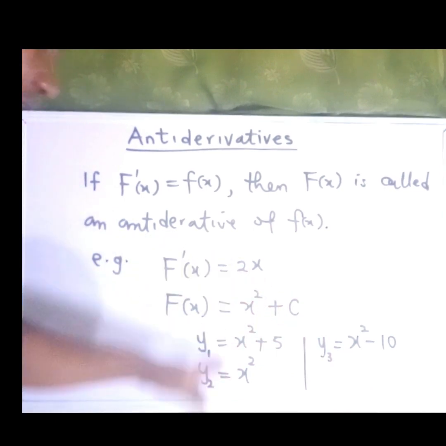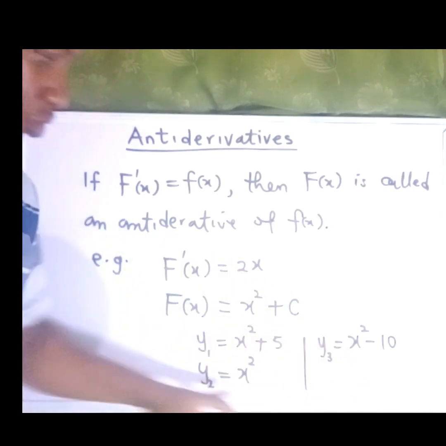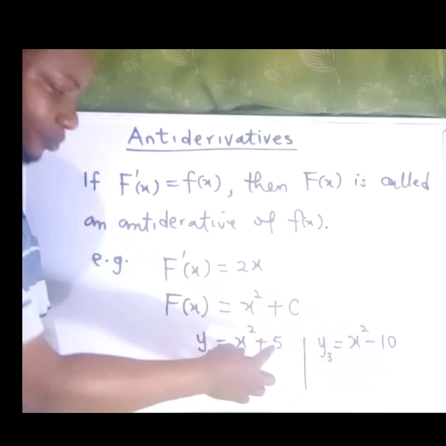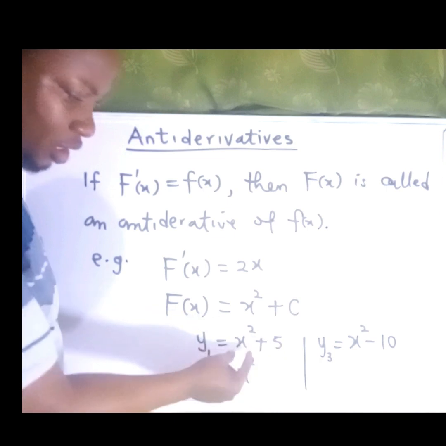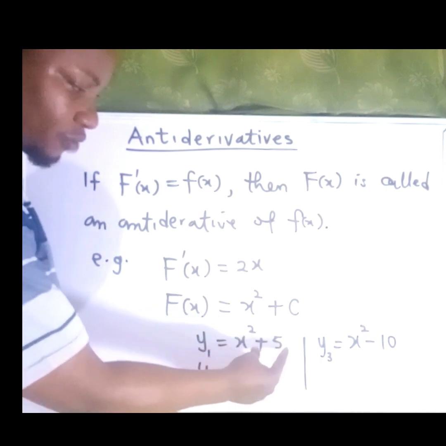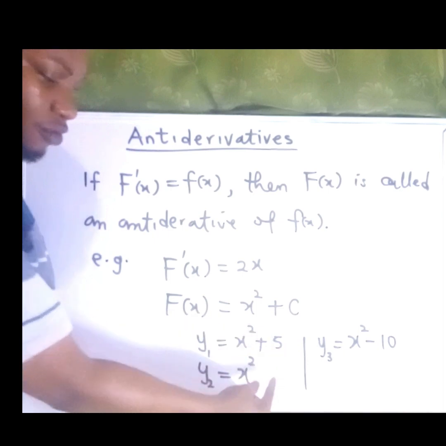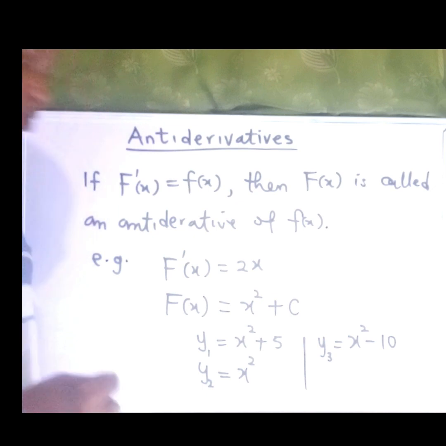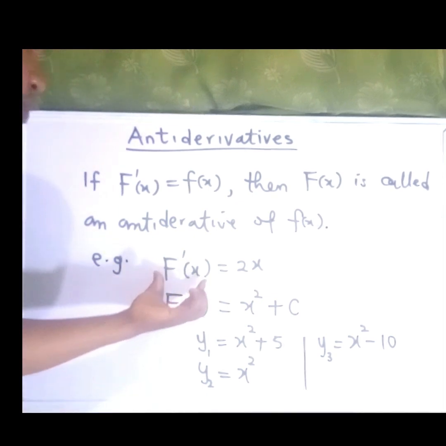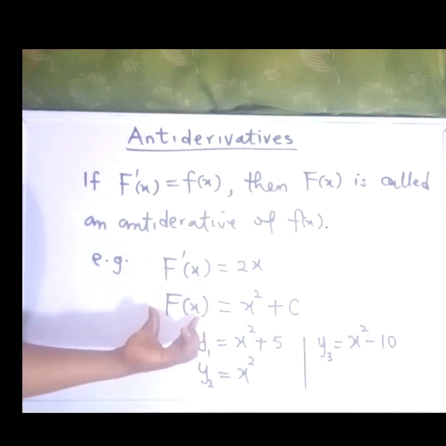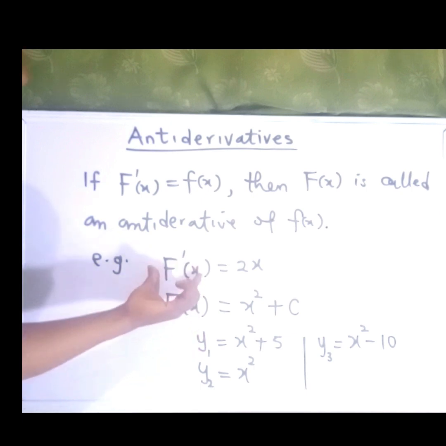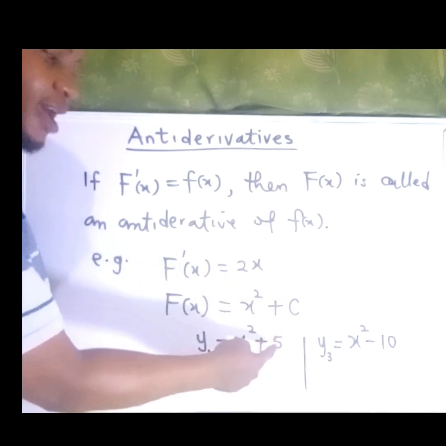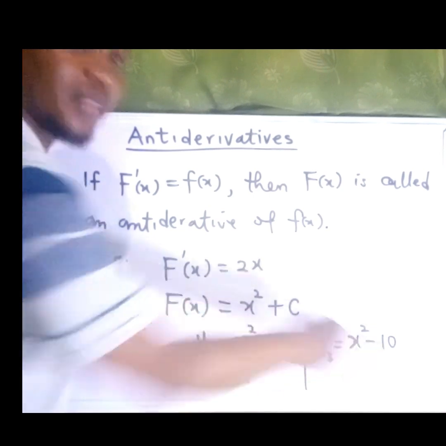Okay, so looking at these three curves, we'll see that the constant that is added to the quadratic term here is plus 5, for this is plus 0, and for this is a negative 10. So for us to choose a curve for this slope, we need to add this term, which will now represent either 5, 0, or negative 10.